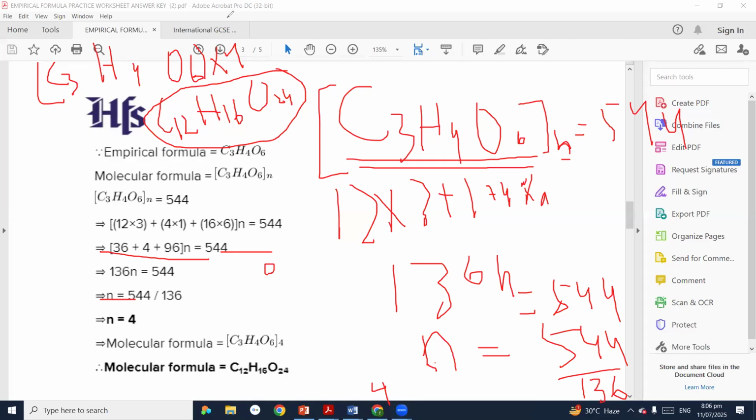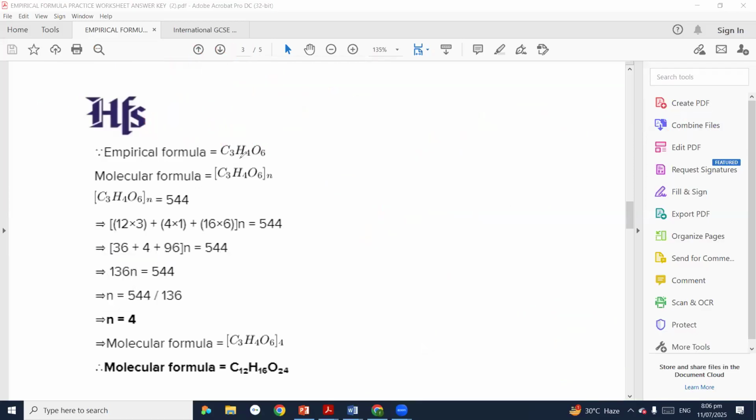Yes, okay. Clear? So you need to apply this ratio. Basically, what I am going to do in this question: the empirical formula you have calculated with the help of your given data. So molecular formula is n times the empirical formula, and n is equal to molar mass divided by relative formula mass.